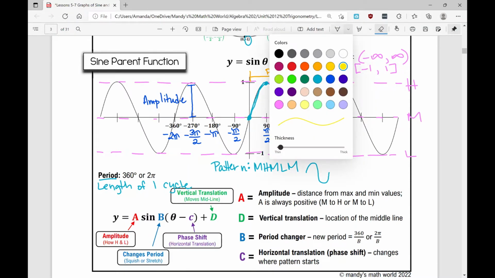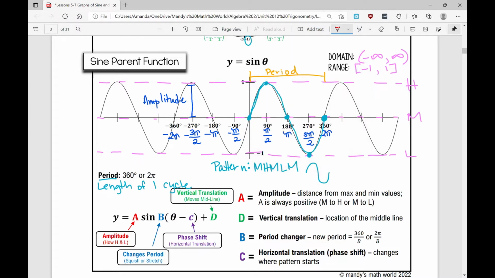If I put a number out in front, like y equals 2 sine whatever, that will change the amplitude. That's how high or how low. So that's like our vertical dilation. The amplitude, again, is the distance from your midline to your high line or your midline to your low line. It's exactly the same, but that value out in front will change that.